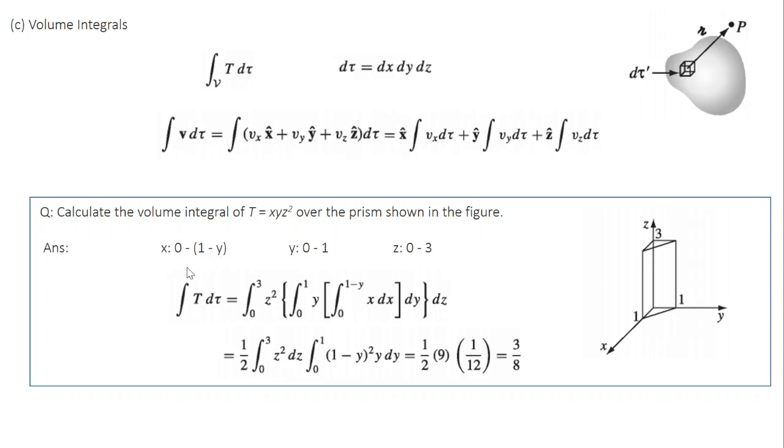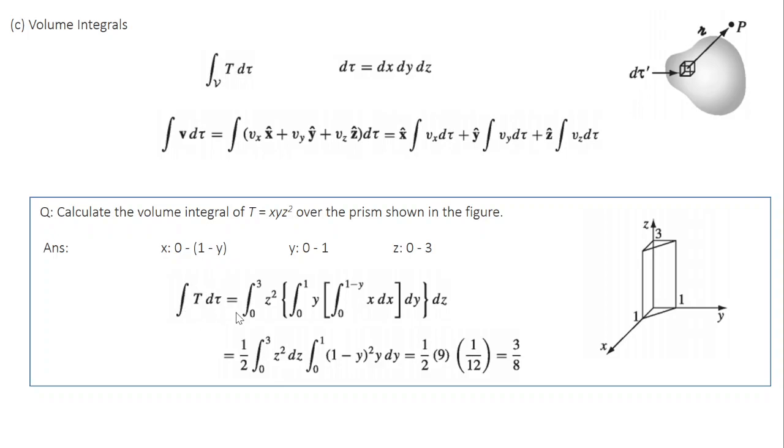And when it comes to x, there is an inherent relation between x and y, right? So if you look at this point, the coordinates are 0 and 1. Here the coordinates are 1 and 0. So which means x plus y equal to 1, or you can write x equal to 1 minus y. So x is a dependent variable. So you can write x varies from 0 to 1 minus y.